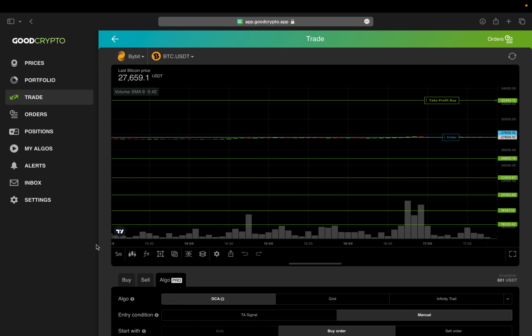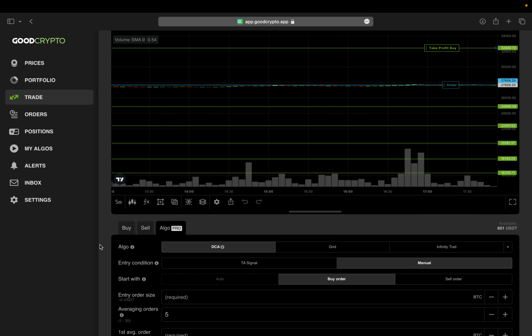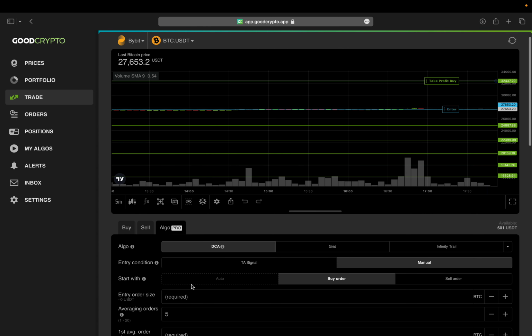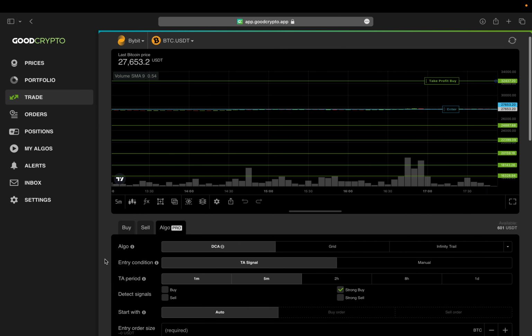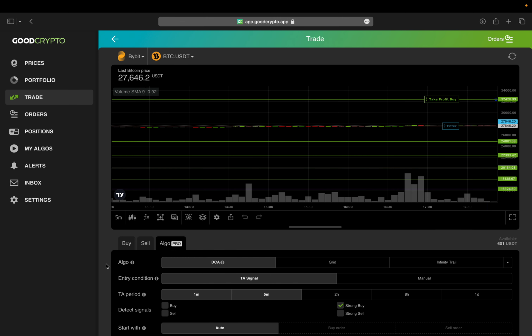So these are the manual modes. Now you can already see that it's a pretty powerful tool, but now you will look at the cherry on the cake, so to say. There is an auto mode or TA signal mode. In this mode, rather than entering when you manually tell it to, the DCA algo will look at some kind of signal and enter when that signal tells it to enter.